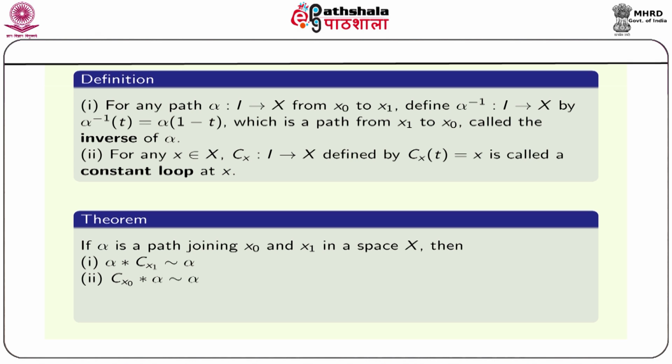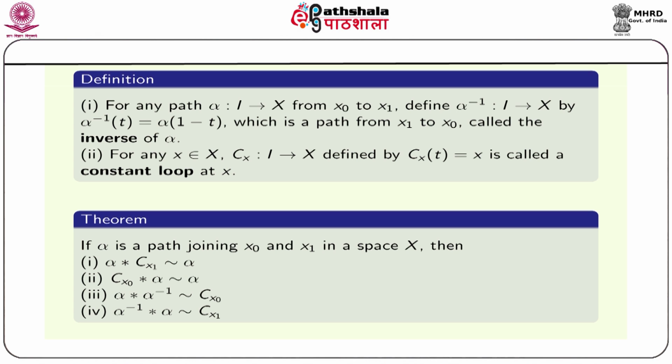On the other hand, if we multiply Cx0 from the left of alpha, that means we take the product Cx0 star alpha, then that is also well defined, and it can be checked that it is path homotopic to alpha. Now, alpha star alpha inverse is also path homotopic to Cx0. We can see that alpha starts at x0, ends at x1, and alpha inverse starts at x1 and ends at x0.